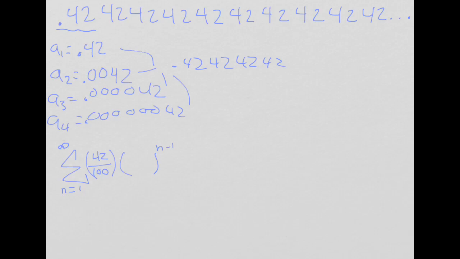So this is where it gets a little tricky. Let me erase some of this stuff. Notice that a sub 1 is just 0.42. That's boring. Let's look at a sub 2: 0.0042.